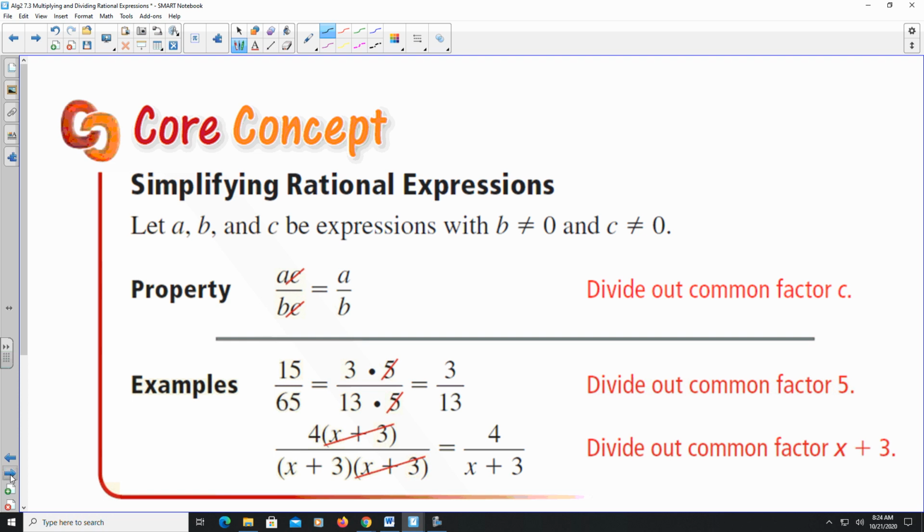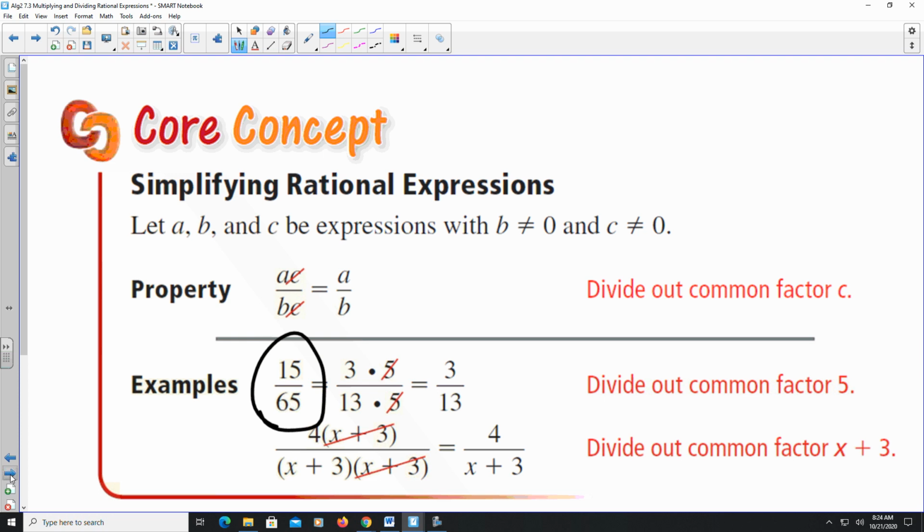We do this with numerical fractions all the time, like 15 over 65. Both of those values are divisible by 5, so you can divide them by 5 and get 3 over 13. Or you can do it like how it was done here: they broke it up into two products and found that they share a factor of 5. When it's contained within multiplication, you're allowed to cross things out.